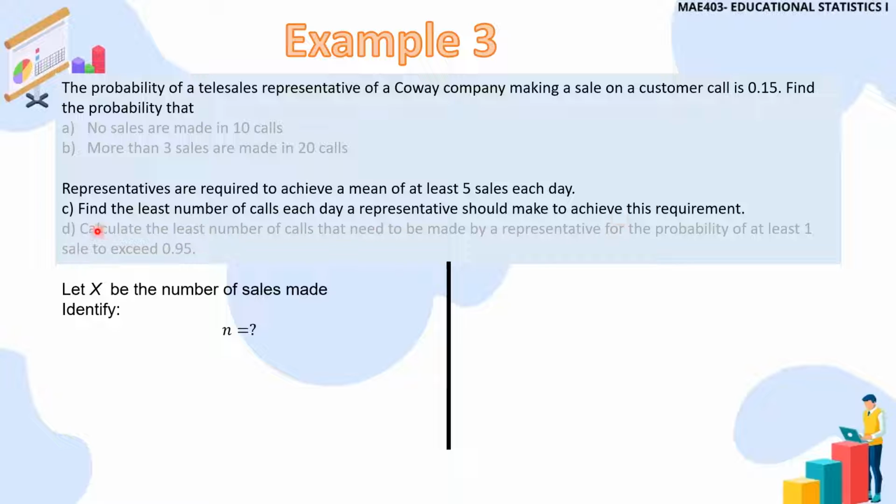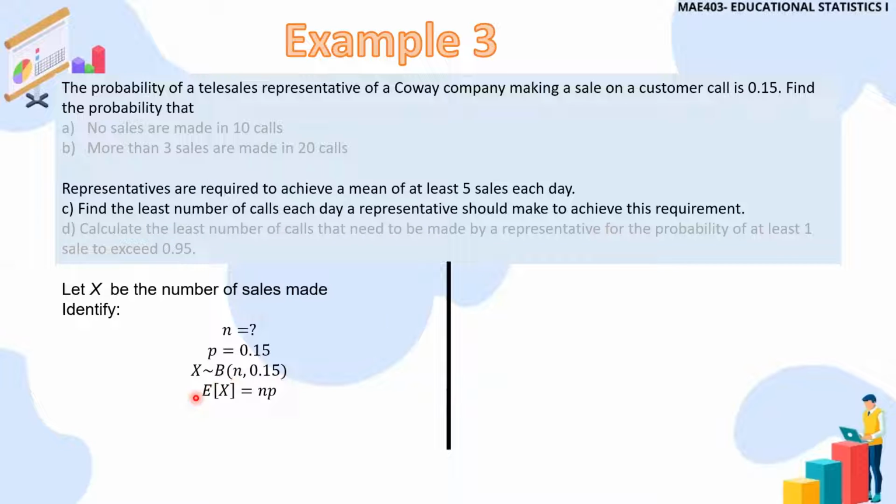Since the question wants you to find the least number of calls, you need to find the n number of trials. The probability of making sales is still the same, which is 0.15. So X is distributed binomial n, 0.15.